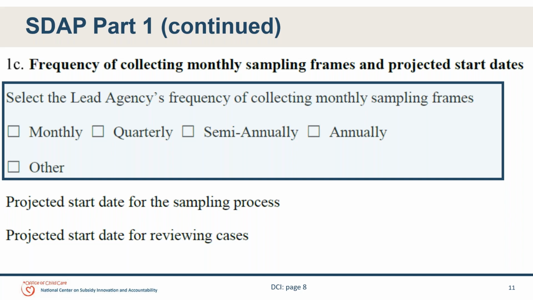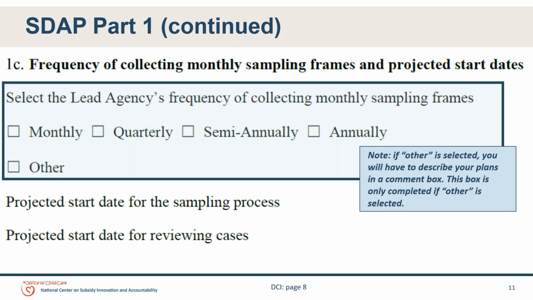This isn't how often you're going to be conducting reviews, but how often you'll be sampling cases. If you select other in the OLDC, a comments box will pop up for you to go ahead and write down your answer.